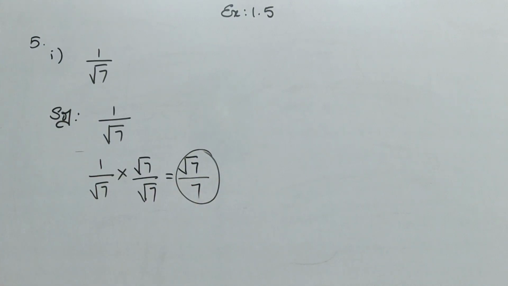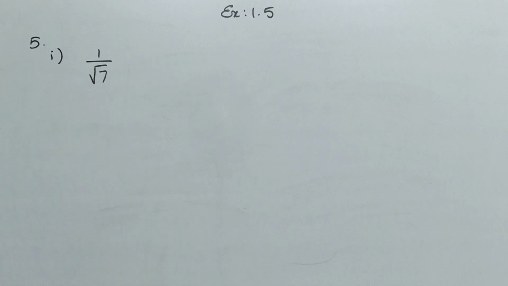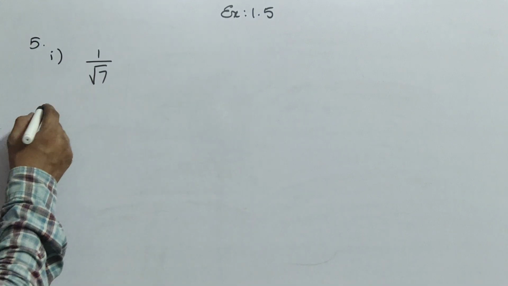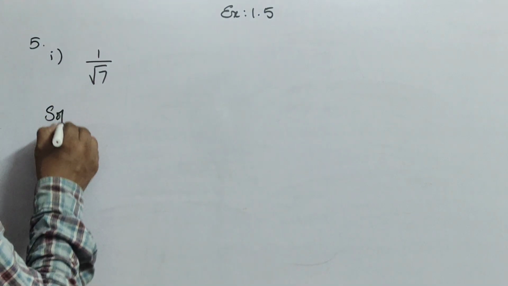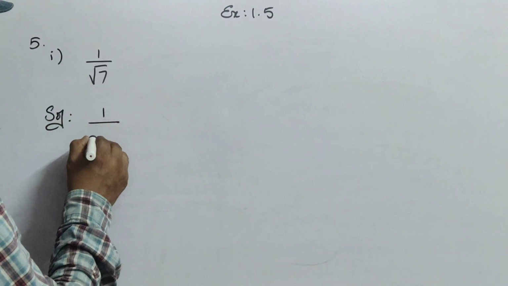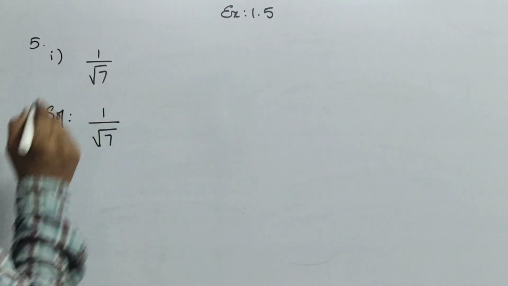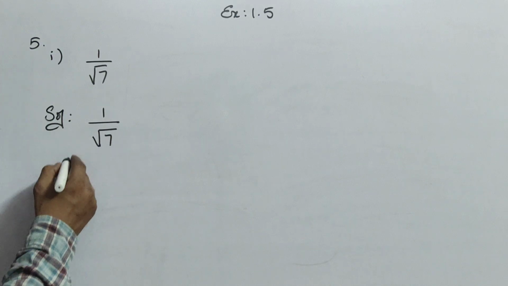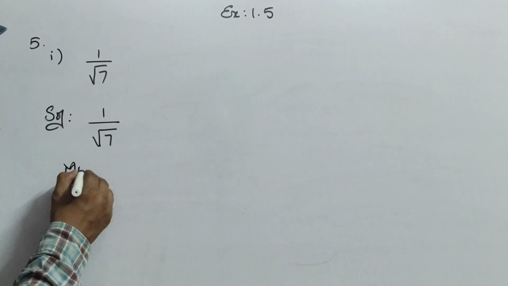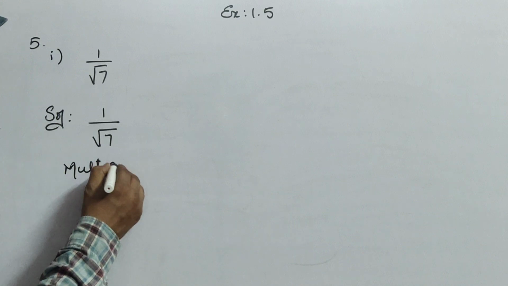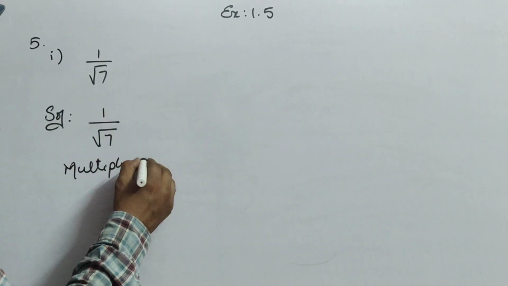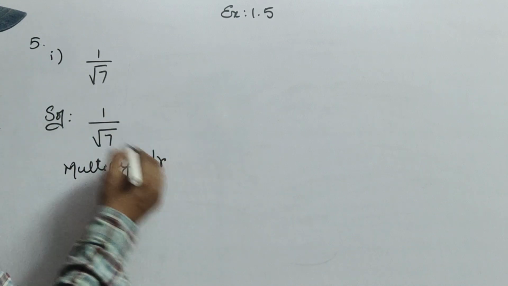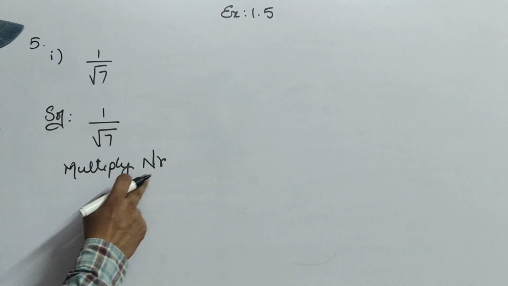Now once again I am explaining the first question, children. Listen very carefully. See here how to do the solution now. Write 1 by root 7. What is the question given here? Now here the denominator is root 7. So multiply the numerator, I am writing a shortcut here. You can also write: multiply NR.